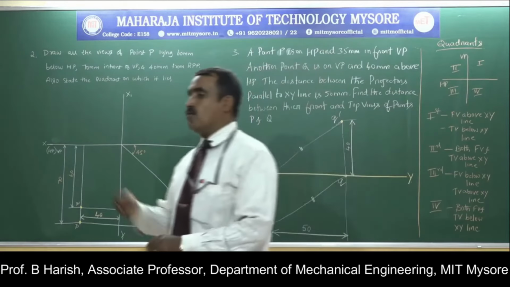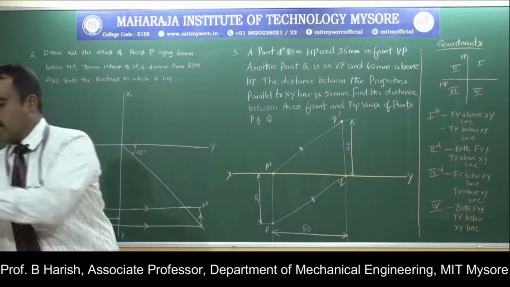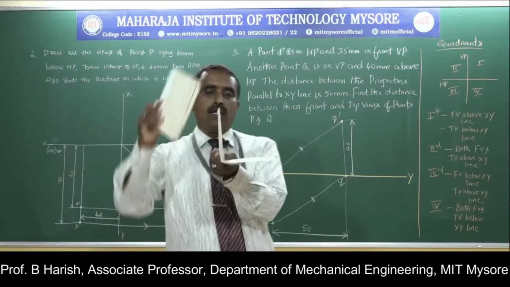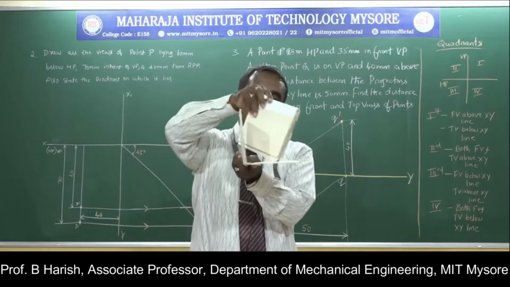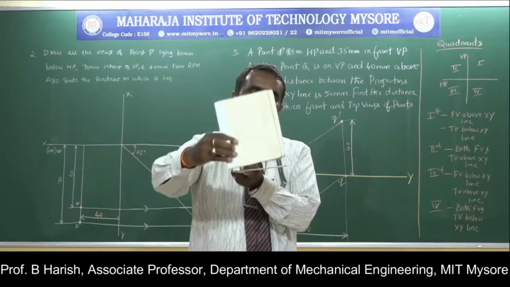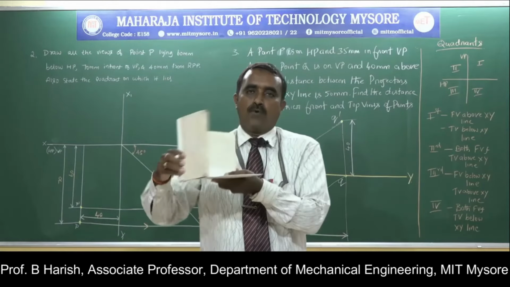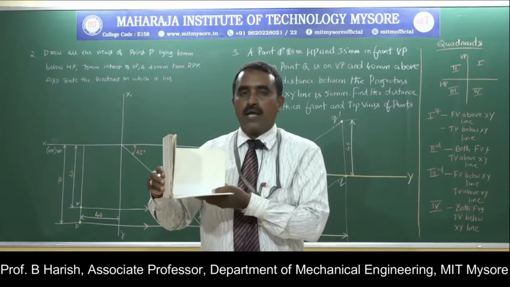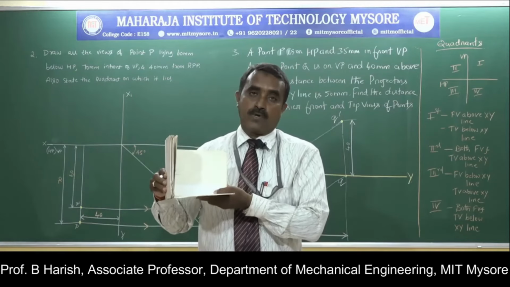So how will the position be? If this is the first quadrant, we know that the point is somewhere here, above HP and in front of VP. I can have one more plane like this, and one more plane like this. This is where my side view will be projected.